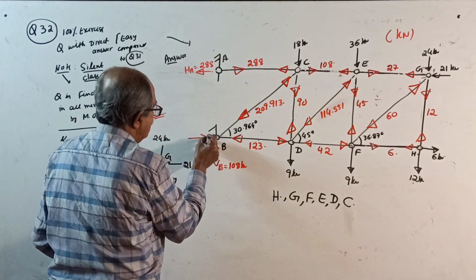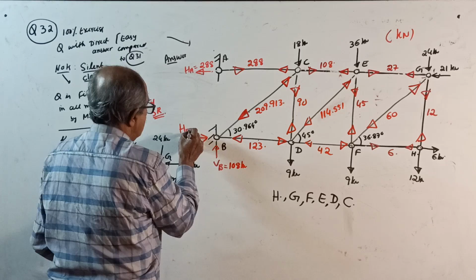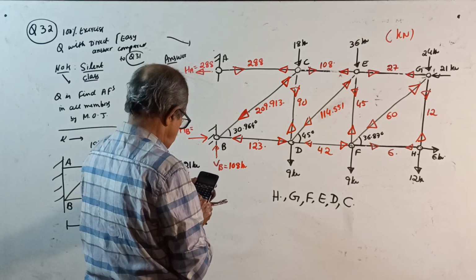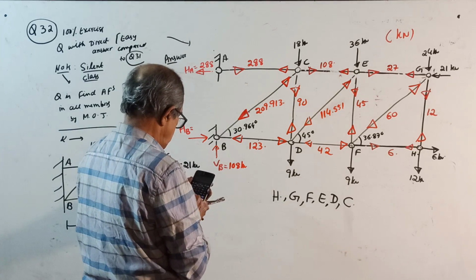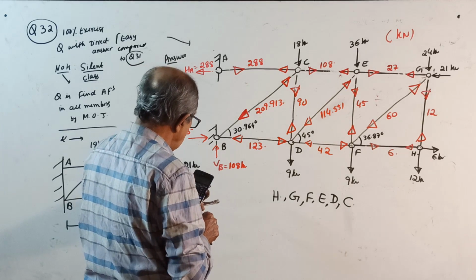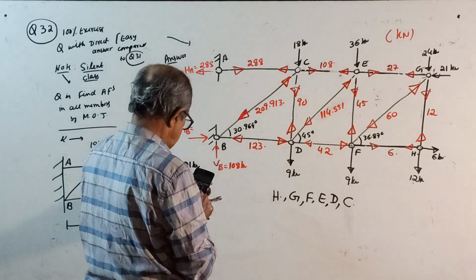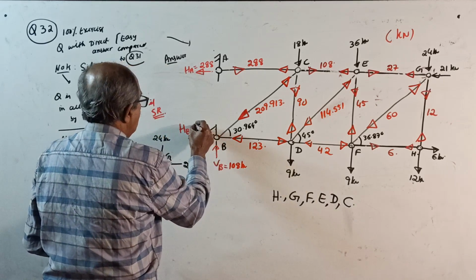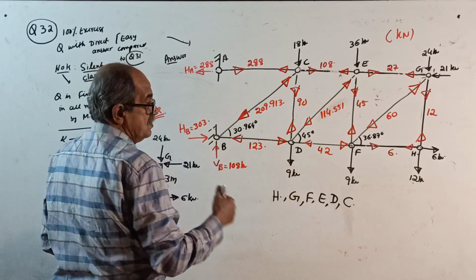Noted. 209.913 into cos 30.964 is 180 plus 123, 303. Yes.